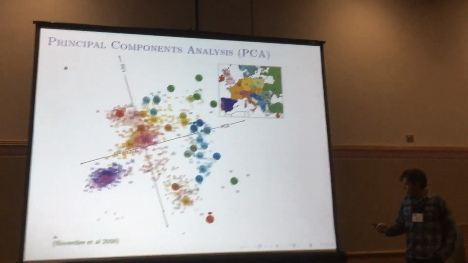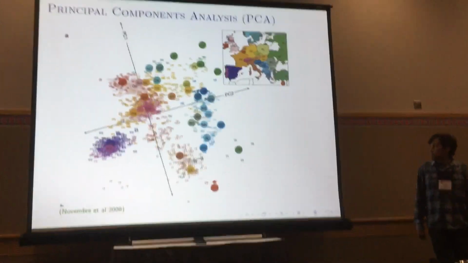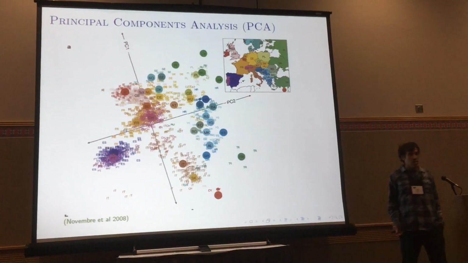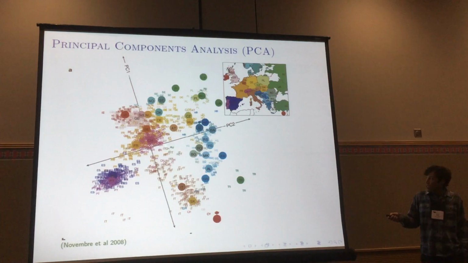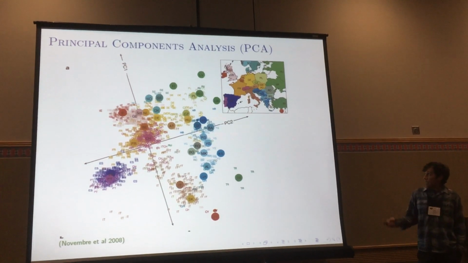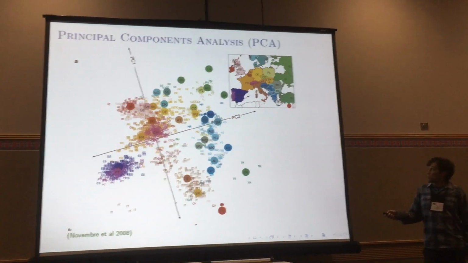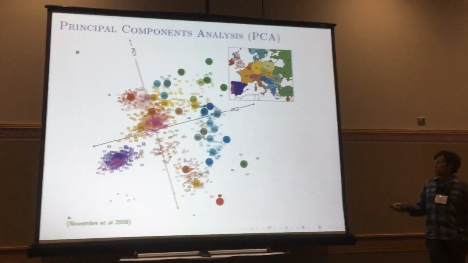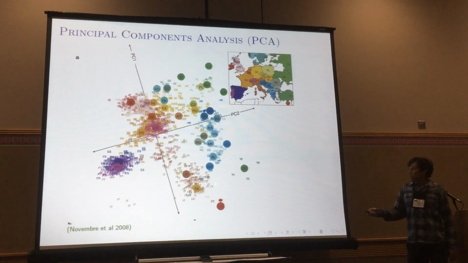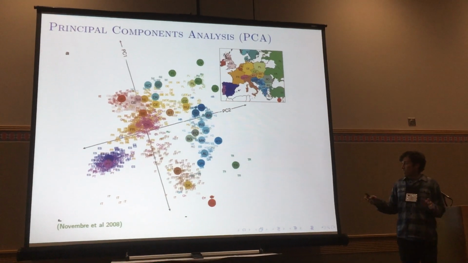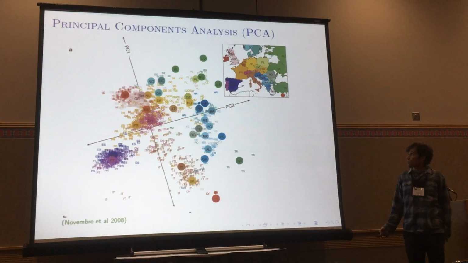To set things up, to make this pretty picture, John Novembre took genomic data from about 1,300 European humans and found that when you place each of those samples on the major axes of genetic variation from those genomes and color them according to what country those individuals were from, you nicely recapitulate the map of Europe. So that's genetic similarity recapitulating geographic proximity, which often happens using PCA, and is partly why it's useful.